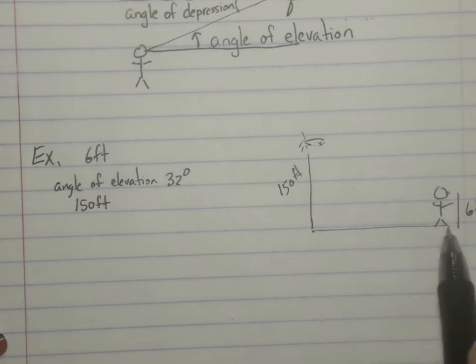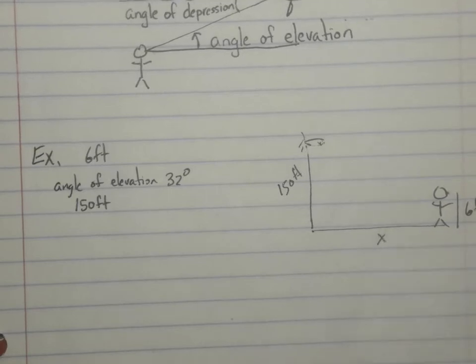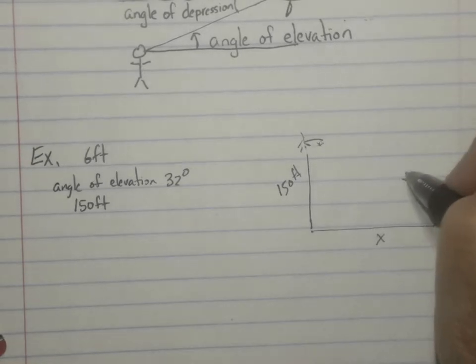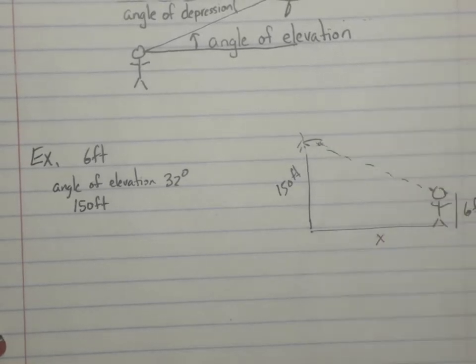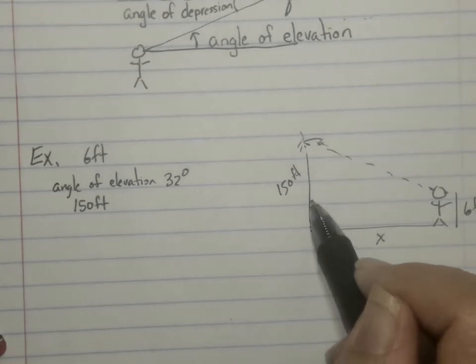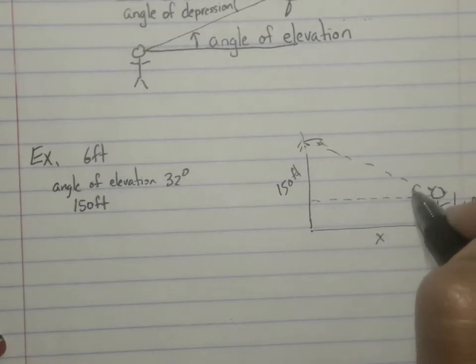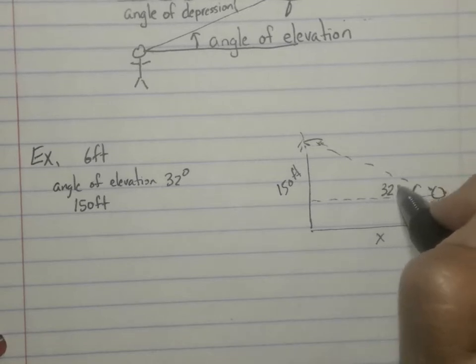The question is asking me the distance from here to here, so that's X. If the worker sights the plane at an angle of elevation of 32 degrees, so from his eyeballs up to the plane, that's 32 degrees from a horizontal. So I've got to draw a horizontal even with his eyes. So that angle right there is 32 degrees.